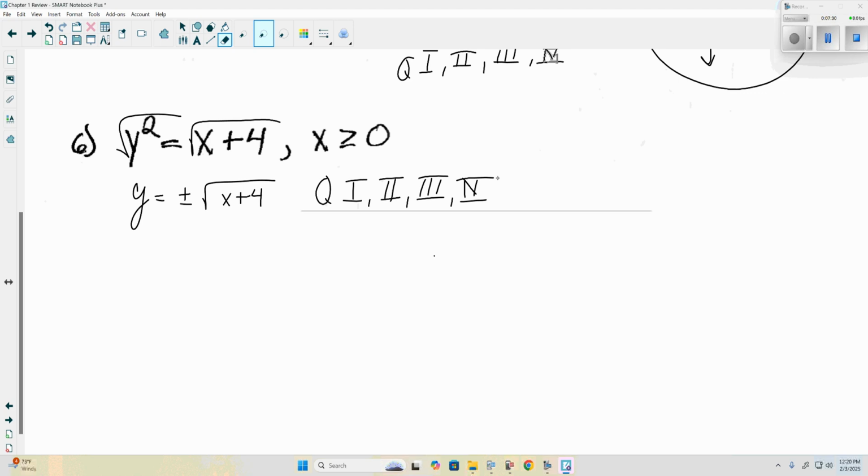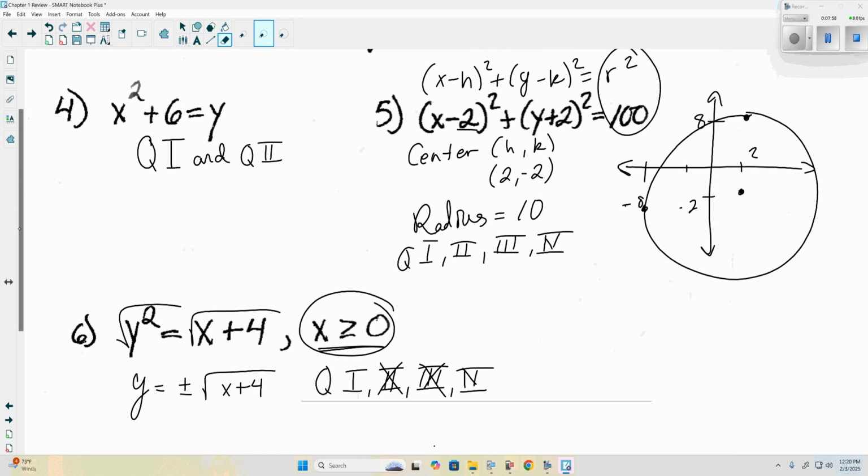This one's actually in all 4. Well, for values of x that are what? Greater than 0. So even though the graph does show it in all 4, since we're restricting x to be greater than 0, it's only going to be in the first and fourth. Second and third is true for the graph, but we restricted it to be positive, so it's only the first and fourth that can actually show up. But again, these aren't going to show up on the test.